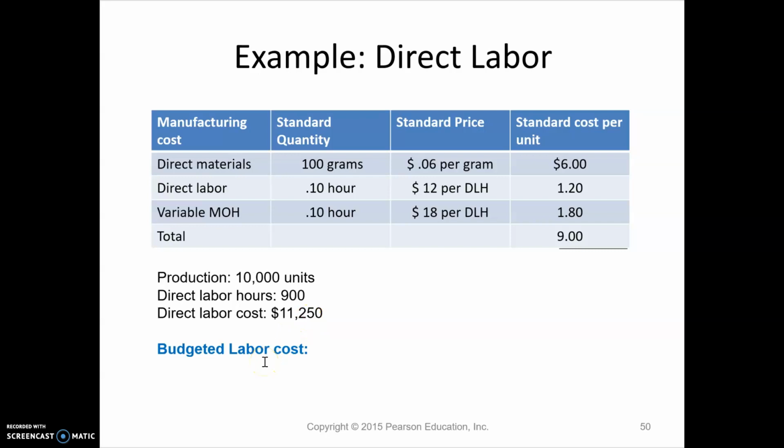So we want to find our budgeted labor. It should cost us $1.20 to make 1 unit, and we made 10,000 units. So our budgeted labor cost is $12,000. Our actual direct labor cost, we're told right here, is $11,250.